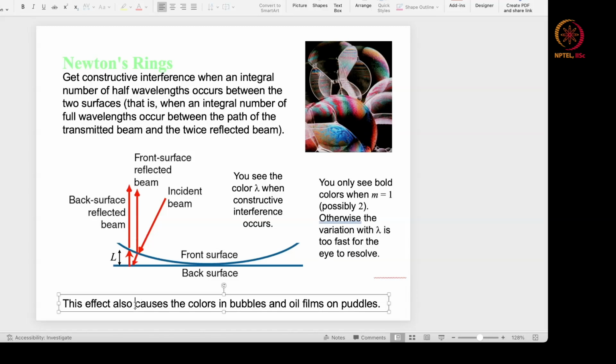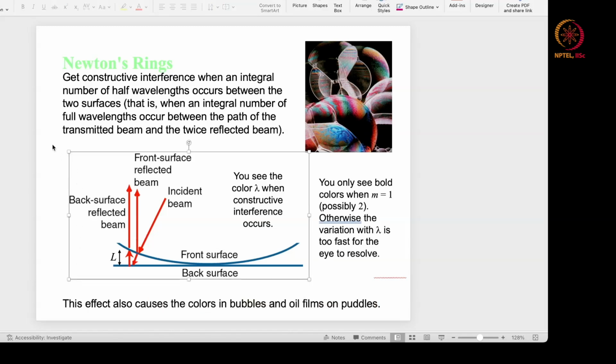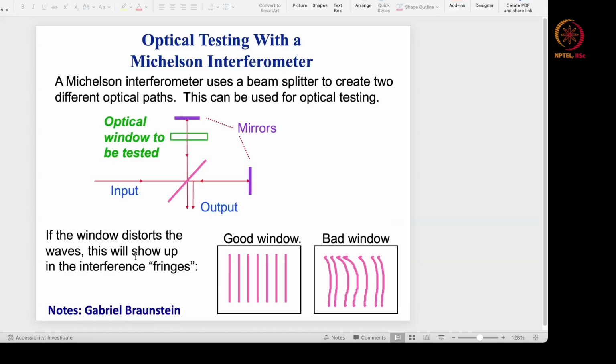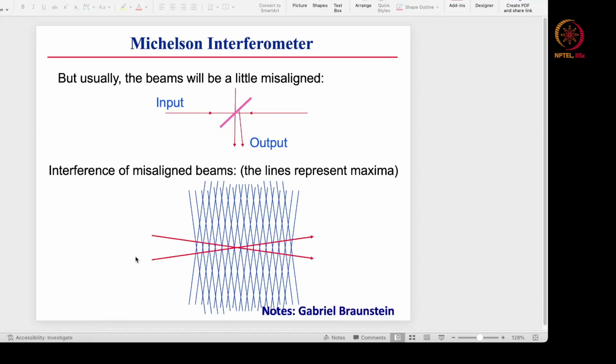This effect also causes colors in bubbles and oil films on puddles. So these are real life examples. This is called a Newton ring, but it's essentially also a thin film interference, which we already talked about in the previous slides.